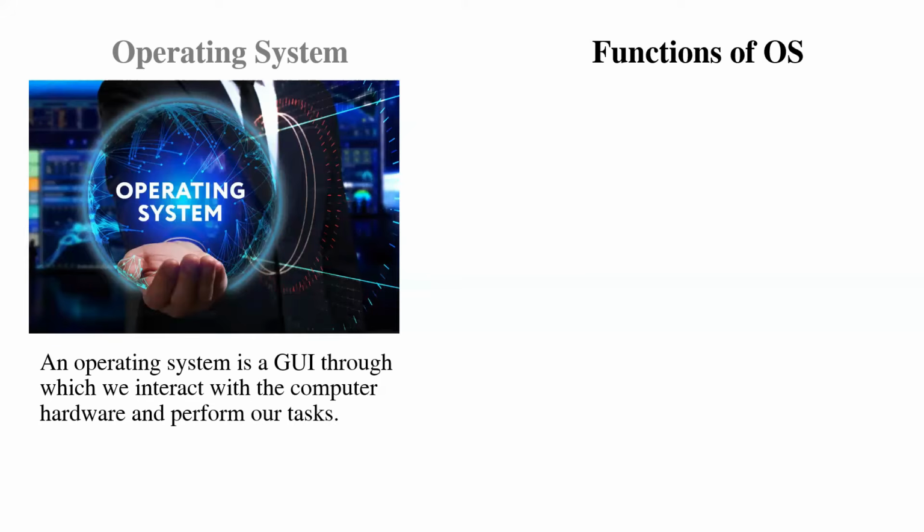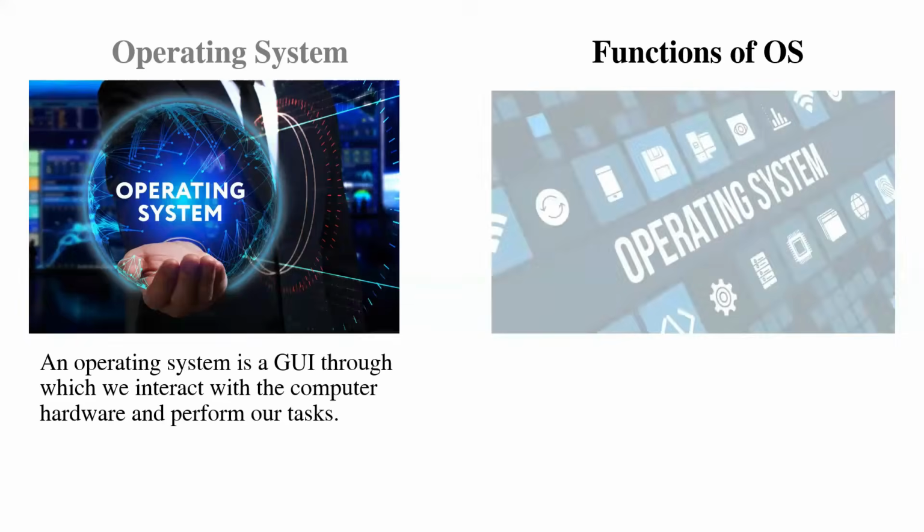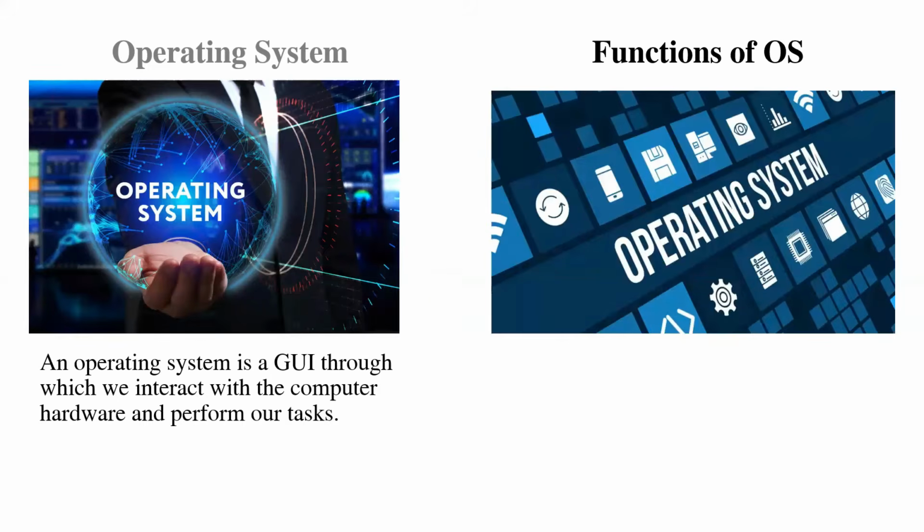So let's see some of the functions of this operating system. It has a lot of functions, which even if I didn't tell you, you can say by yourself because you understand now. If we say operating system, you understand what we mean, and you can tell what the functions of an operating system are. One of the functions is process management. This operating system that you are seeing performs process management of all tasks within the computer.